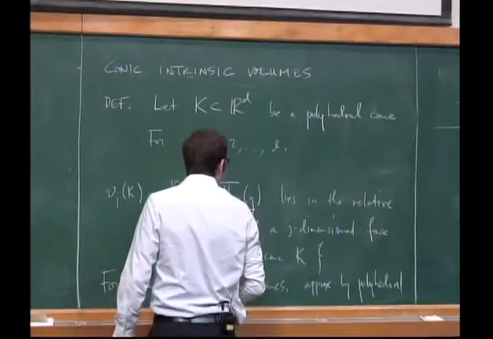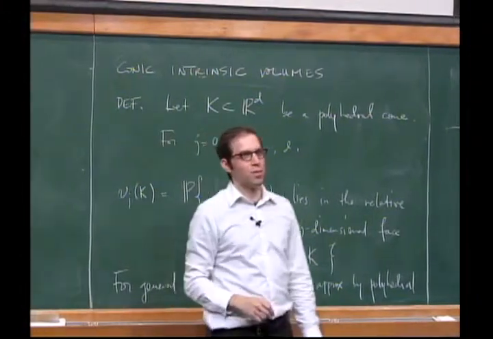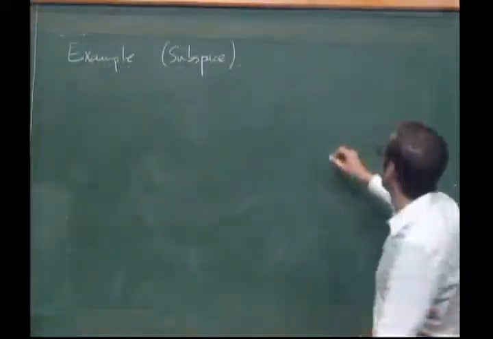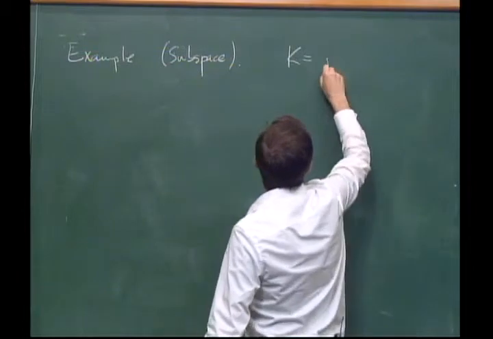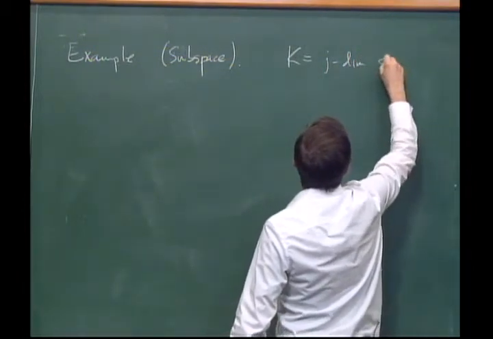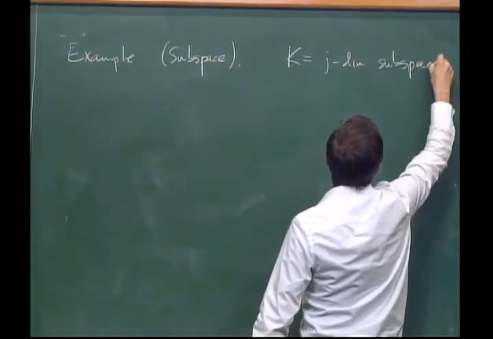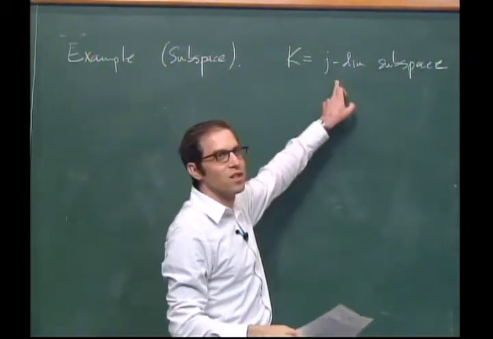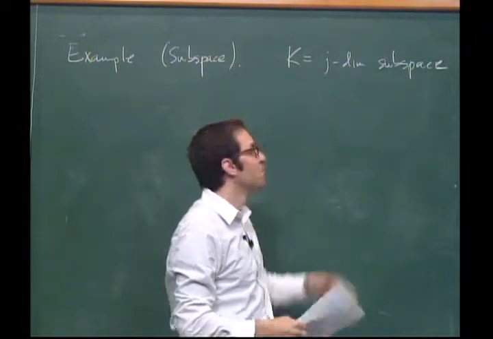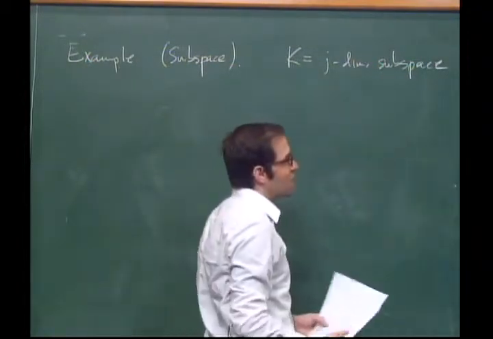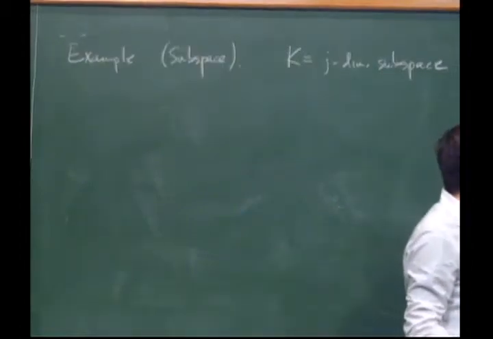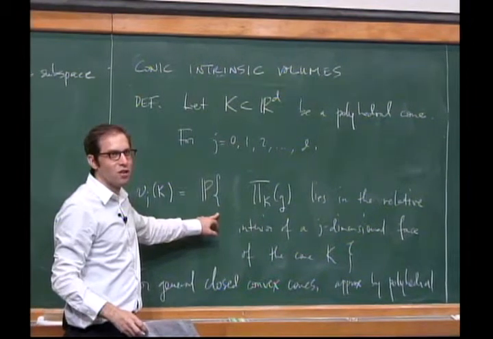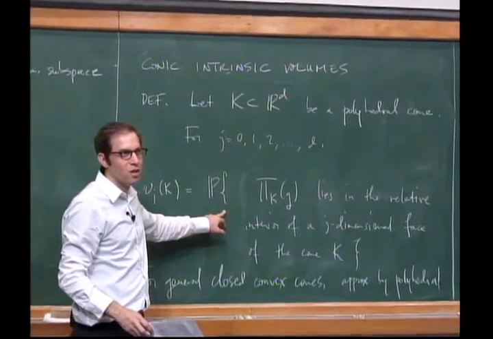So, the faces of a subspace, what dimensions do they have? Well, a subspace is a convex cone with one face, and the dimension of that face is the dimension of the subspace. So that says that every point projects onto the relative interior of a J-dimensional face.